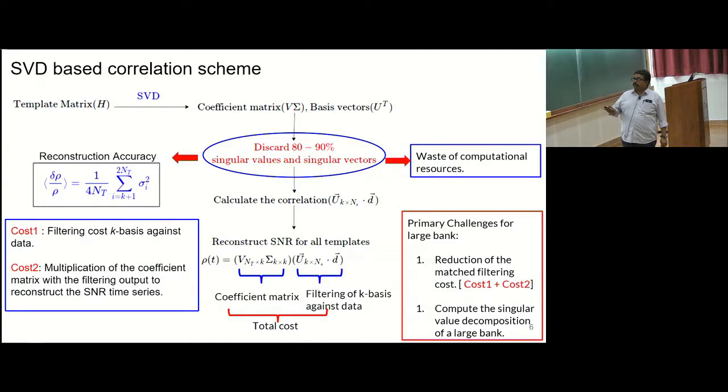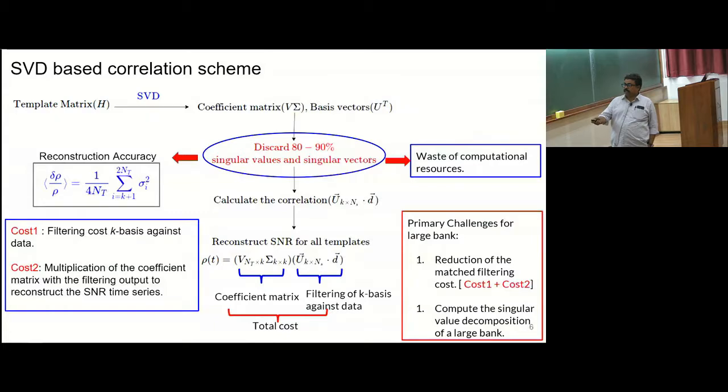And of course, once you've done that, you have control on the reconstruction accuracy and so on. And these basis vectors would then become surrogate templates with which you would filter the data. And once you have this, you can reconstruct the detection statistic by multiplying it with this large coefficient matrix.